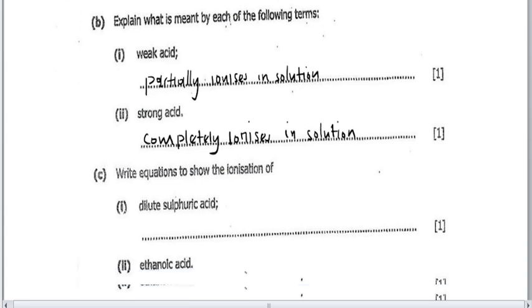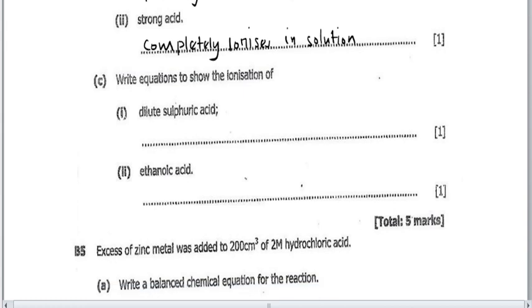Okay, then we look at part C. Write equations to show the ionization of dilute sulfuric acid. Now sulfuric acid is like this, H2SO4.